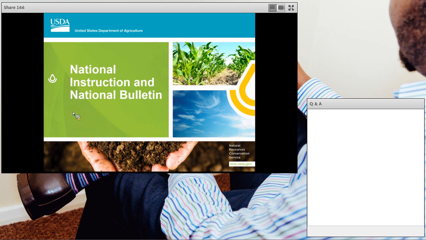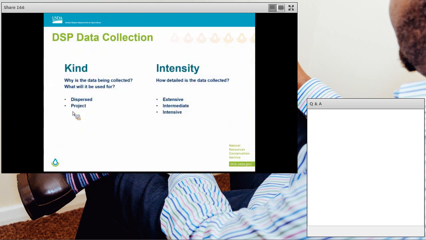So this national instruction and national bulletin are a standardized way for all of us to collect data so that we can go through the same sort of guidelines and the same sort of routine that we do in our everyday work. So there are two different ways that DSP data collection is organized, and it becomes a little bit tricky when we try to think about this.